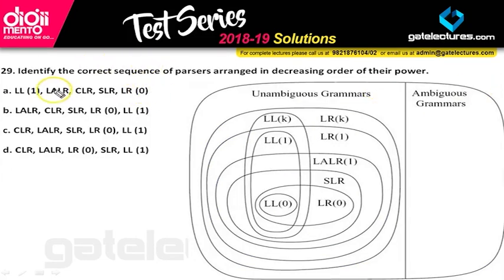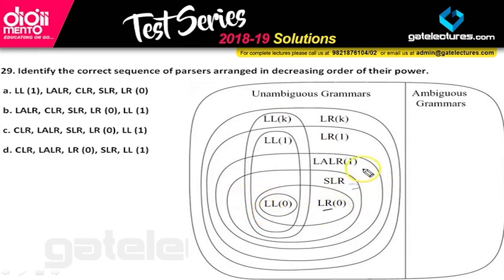So we have the next question which says identify the correct sequence of parsers arranged in decreasing order of their power. It means the most powerful parser will be the first one. Okay, so let's read. So I have given you a direct image here. So from this you can infer which parser will be the most powerful. Okay, so it is LRK, LR1, LALR, SLR, LR0. So the least powerful is LR0.